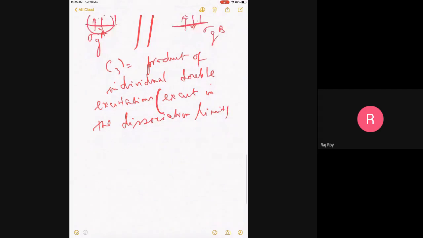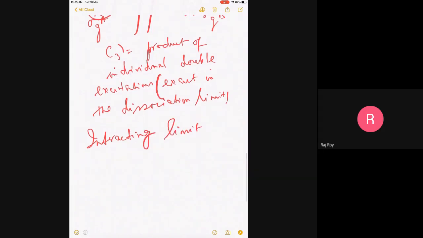But what is more interesting is that even when they start interacting, so in the interacting limit, also I can say the C of the quadruples will be roughly the product of the C doubles. I will just write this.